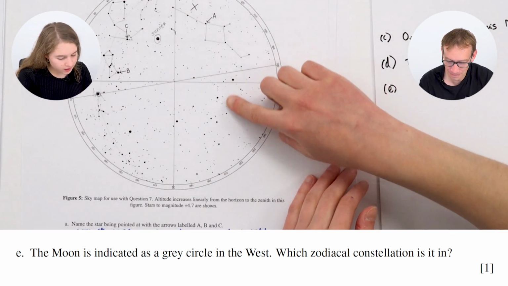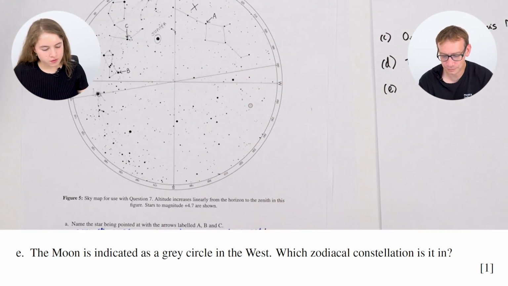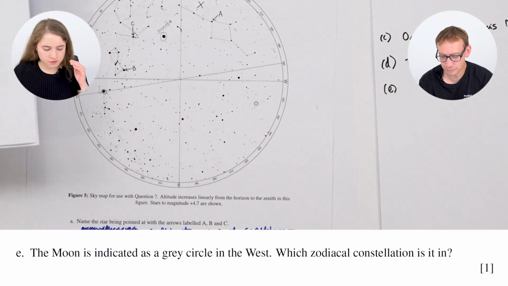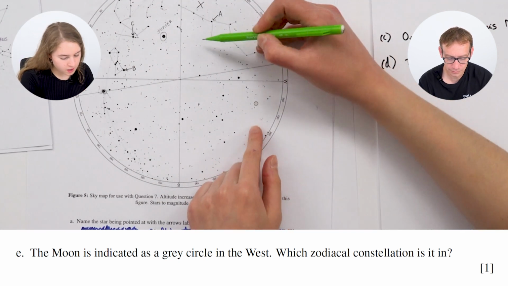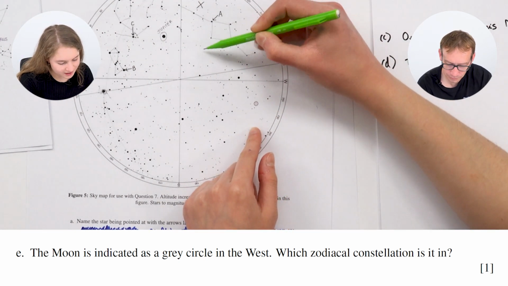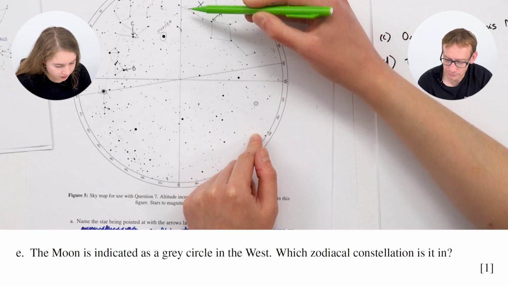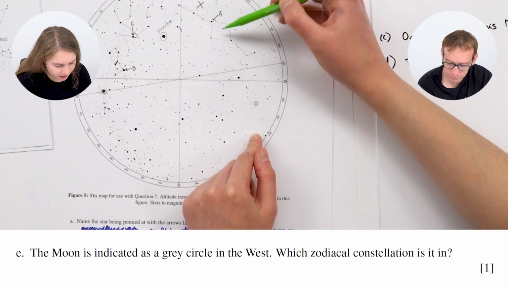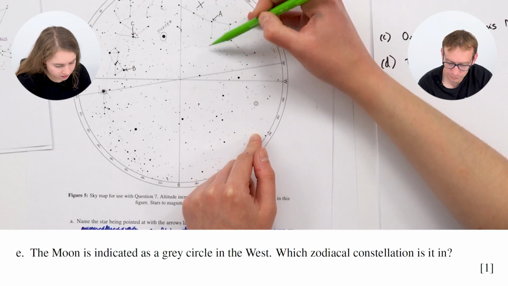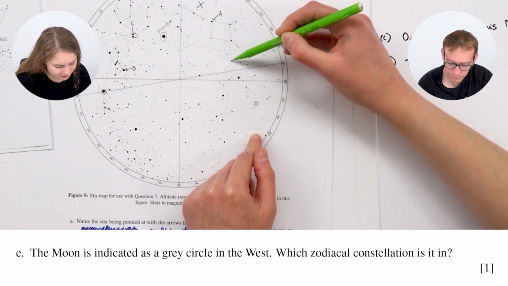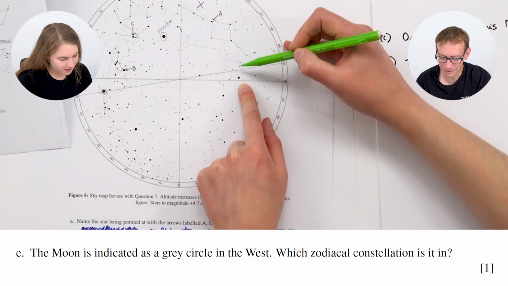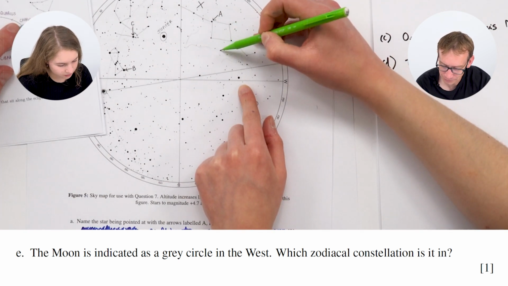And again, this is quite a dim patch of sky, but from what I'm remembering, I know Pisces is kind of under here because I use Pegasus as a reference. I know that under Andromeda and Pegasus, Pisces is around here, and Aquarius is around here. This seems so vague, but I know Pisces is around here.